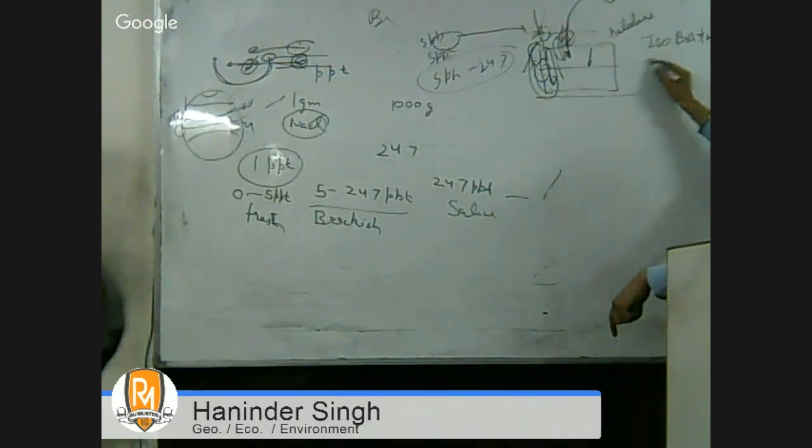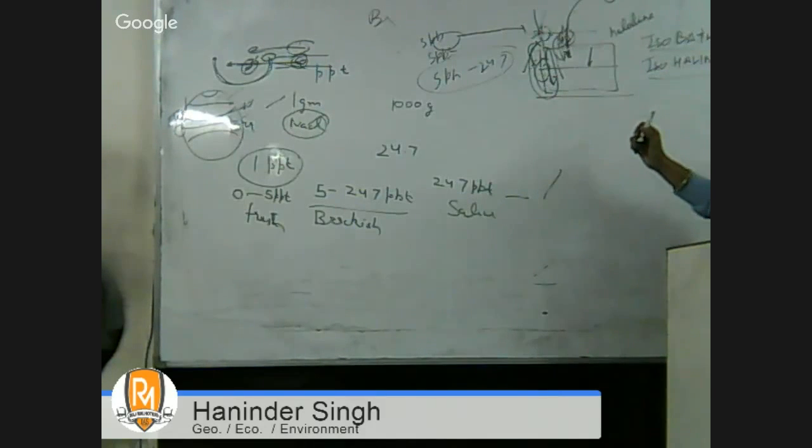There are two things, isobaths and isohalines. Isohalines are what? Lines joining places having the same salinity.